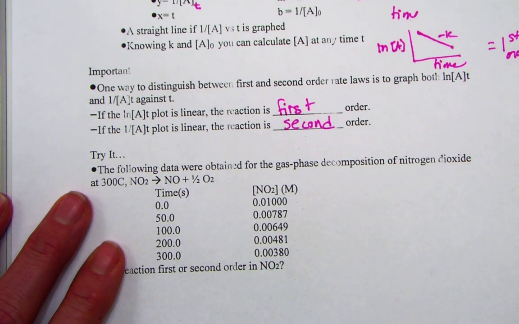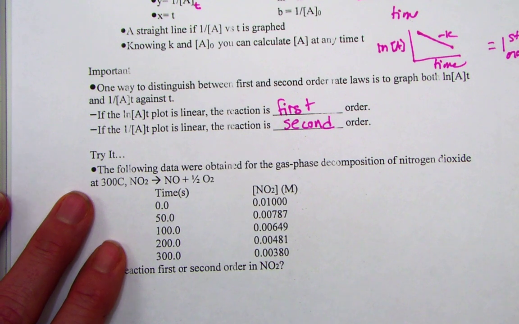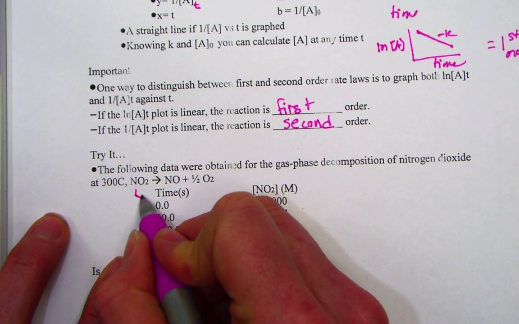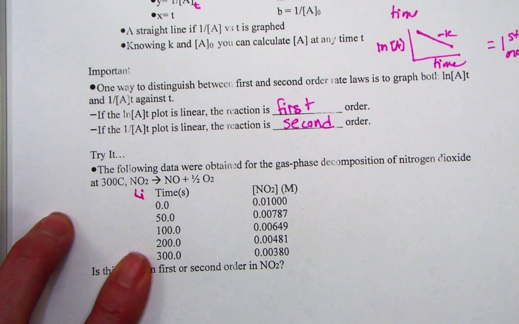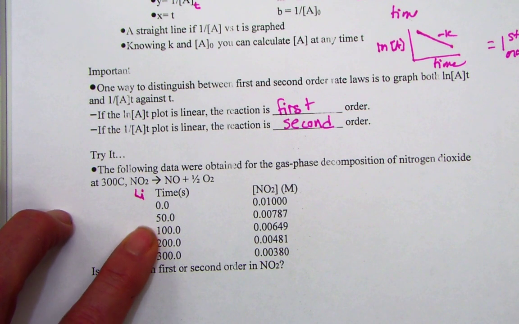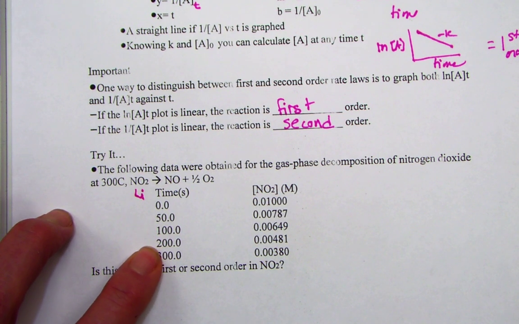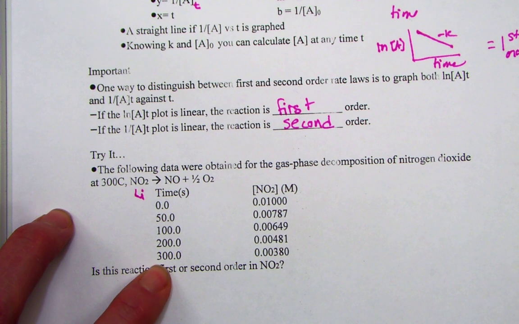Let's turn it on. Hit the stat key to go to your lists. I need to clear mine, so I need to clear list 1, list 2. And now they are. Let's enter into list 1 the time values. We'll hit 0, enter, 50, enter, 100, enter, 200, enter, and 300, enter.